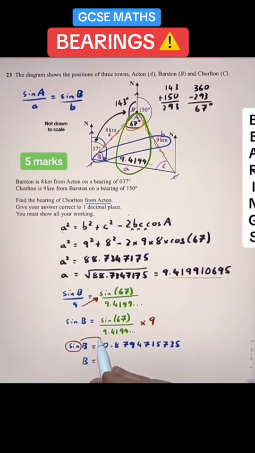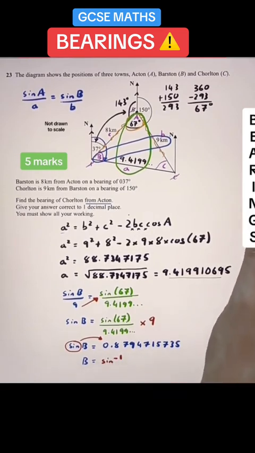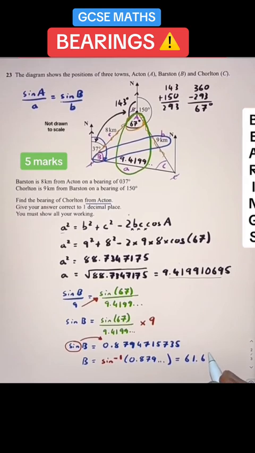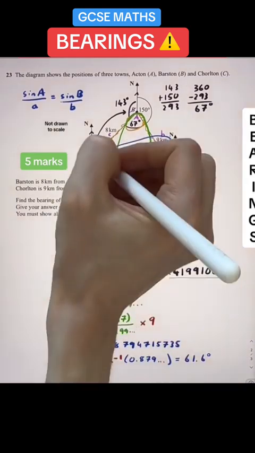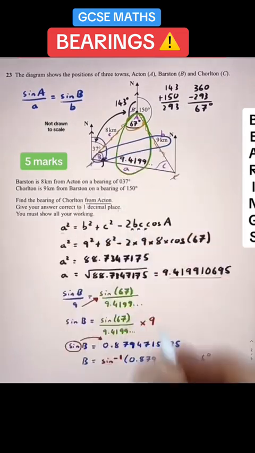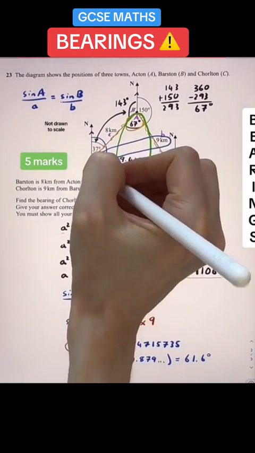If you move a function across an equal sign, it becomes the inverse function. So sine becomes the inverse of sine, i.e. sine to the -1, of my 0.87 number, which equals 61.6 degrees when rounded to one decimal place. Returning to my diagram, I can now label that angle as 61.6 degrees.